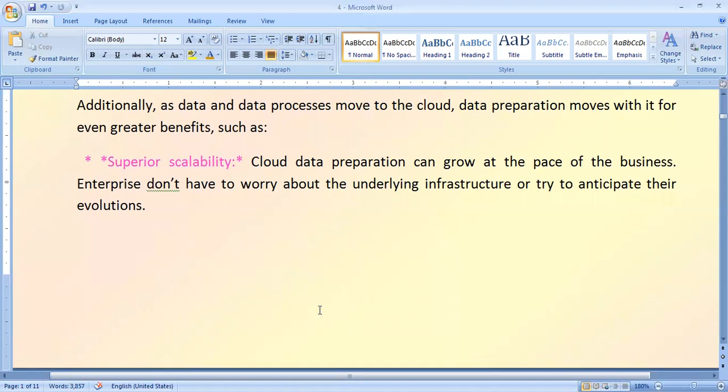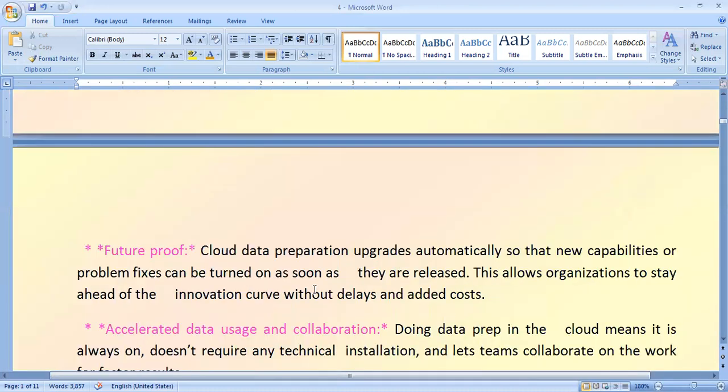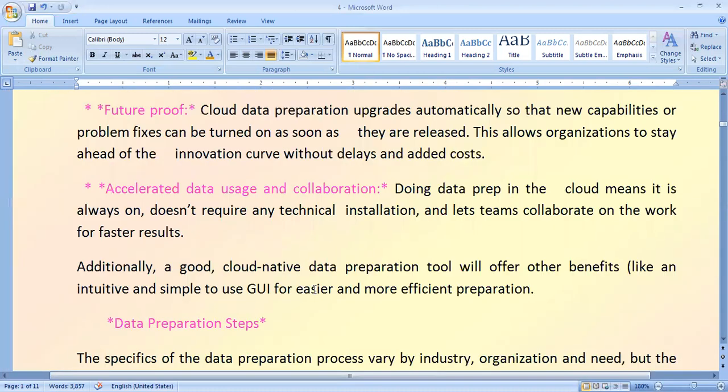Users don't have to worry about the underlying infrastructure or try to anticipate its evolution. Future proof: cloud data preparation upgrades automatically so that new capabilities or problem fixes can be turned on as soon as they are released. This allows organizations to stay ahead of the innovation curve without delays or added costs.